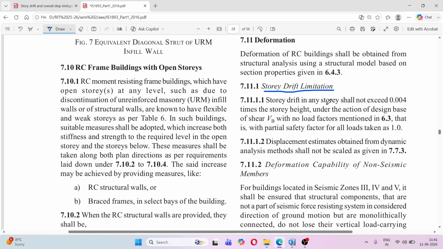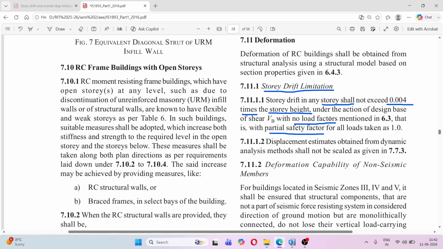Storey drift in any story shall not exceed 0.004 times the story height under the action of design base shear VB with no load factors mentioned in 6.3, that is with partial safety factor for all loads taken as 1.